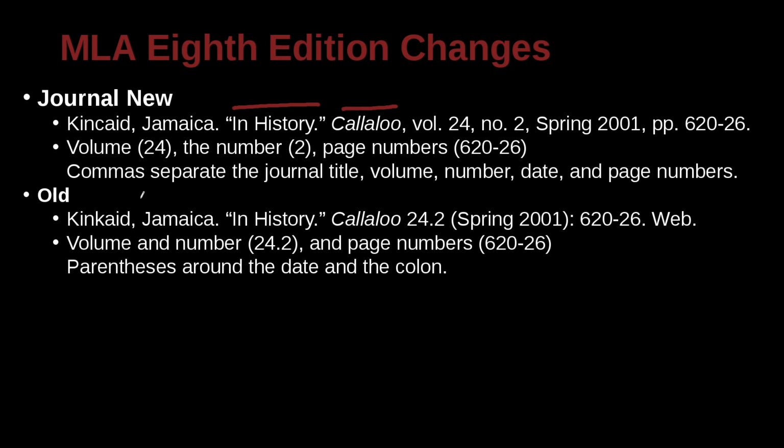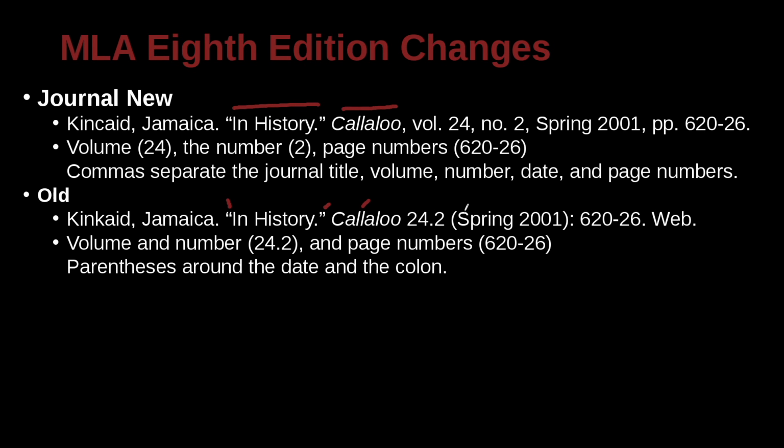The old way to do this would at the beginning be similar. We have the quotation marks because this is a smaller part of a larger container. Here is the larger container, and we use underline or italic. Then we would have had 24-2, which would have been the volume and the number.